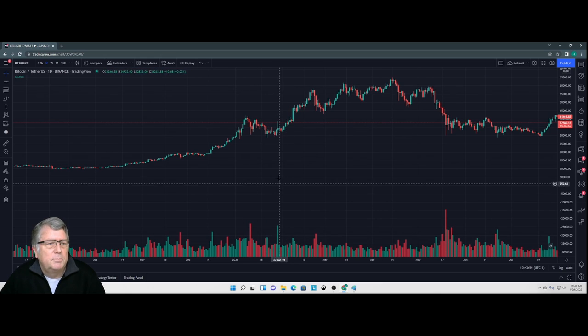Then you have these volume spikes that are bullish. Here we had a volume spike, and this was because a lot of traders saw a new high being made, and they rushed into the market to take advantage of this expected upward move.